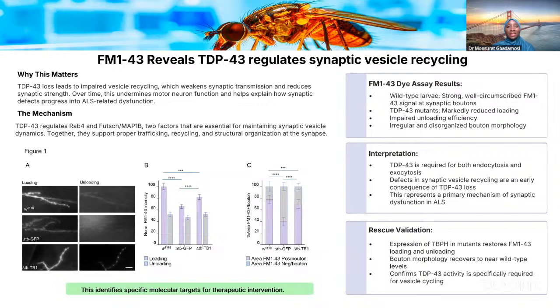Proteins like syntaxin, DLG, Futsch, they have a direct physical relationship with TDP43 because it binds their messenger RNA. Their mRNAs are direct targets of TDP43. So those ones are pretty understandable.